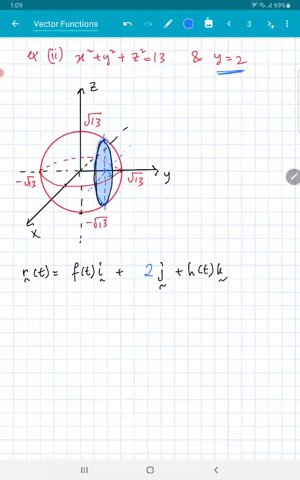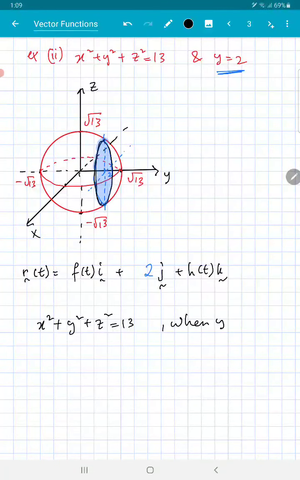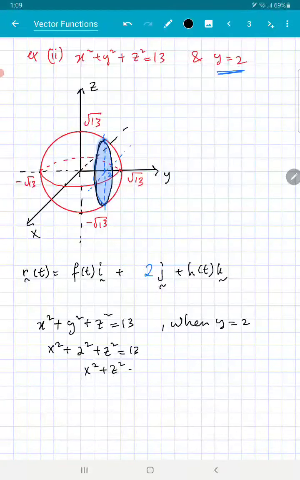Let's look at our sphere again. For our sphere, we have x squared plus y squared plus z squared equals 13. When y is 2, the equation of the sphere reduces to x squared plus z squared equals 13 minus 4, which is 9.